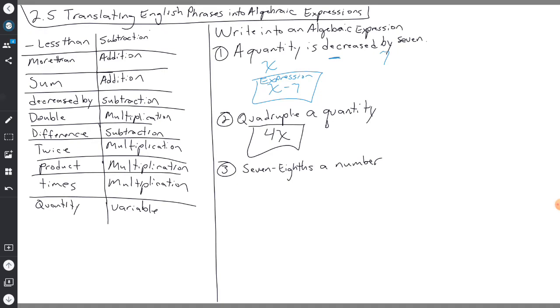Seven eighths a number. So what does the fraction look like?